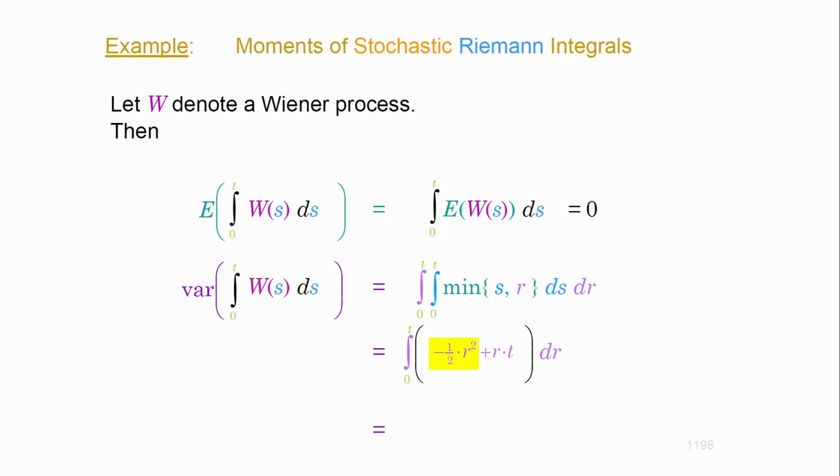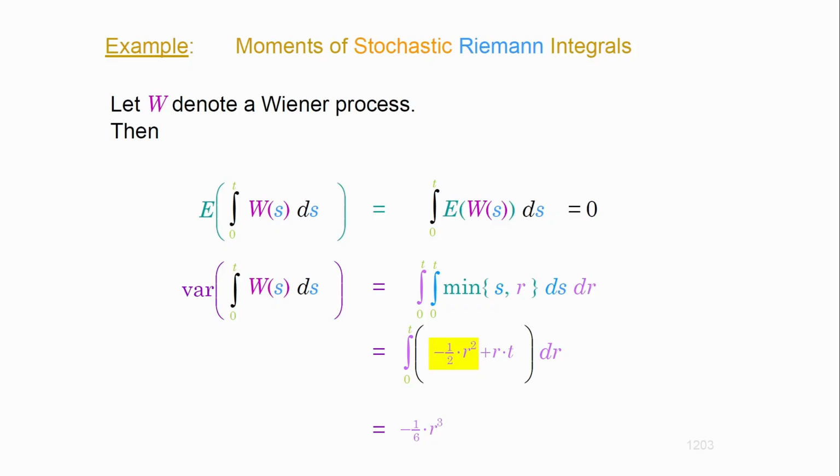So what is the primitive function of negative 1/2 times r squared? The answer is simple: negative 1/6 times r cubed, right? Because if you differentiate that, you get that back. For me, it's always easier to differentiate than to integrate, but again, it's just me.